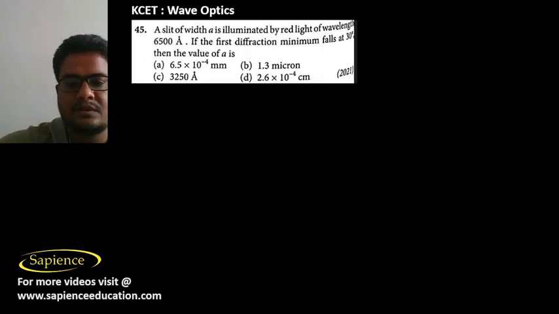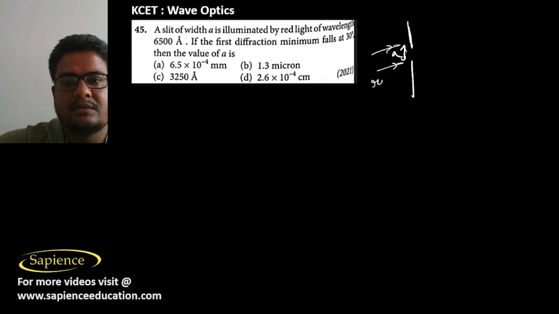Question number 45, it is told a slit of width a is illuminated by red light of wavelength 6500 angstrom.